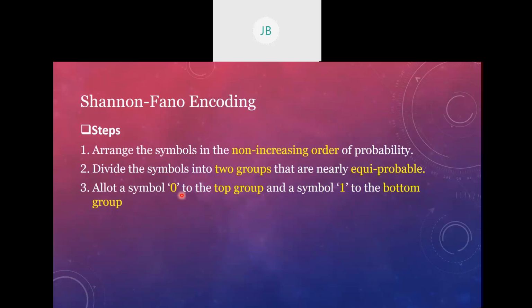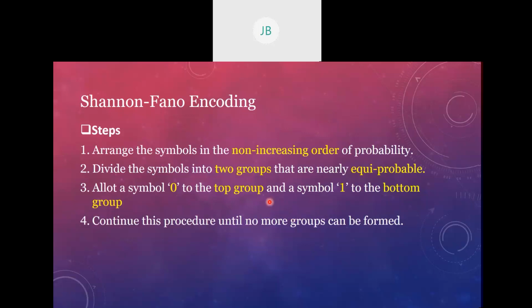So these are the codes we assign as we go on with this coding technique. The top group is assigned 0 and the other group is assigned 1. And this process will continue. That means we keep forming groups until no more groups can be formed.